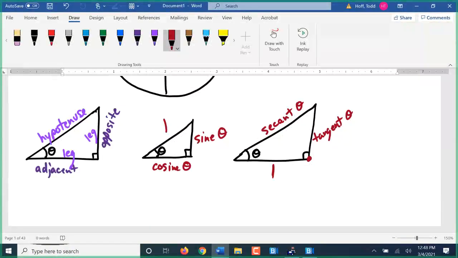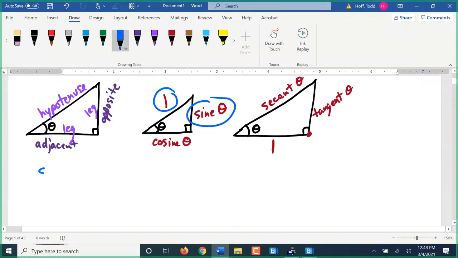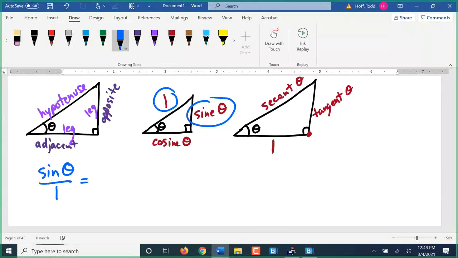I can use those triangles now to define my trig functions because these are similar triangles. I am going to compare in this triangle the sine to the hypotenuse there, the 1. Now sine is abbreviated sin, so sine of theta compared to 1. Now I'm going to look into this triangle here at the corresponding sides.